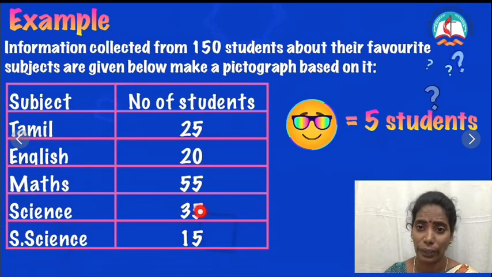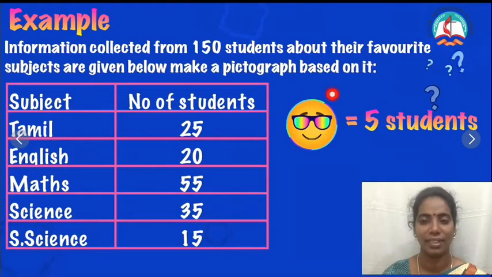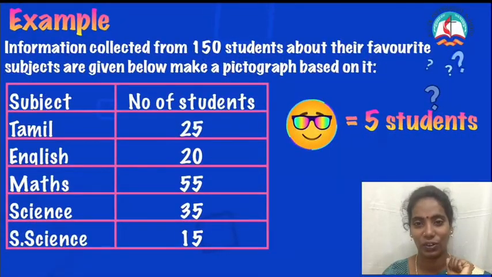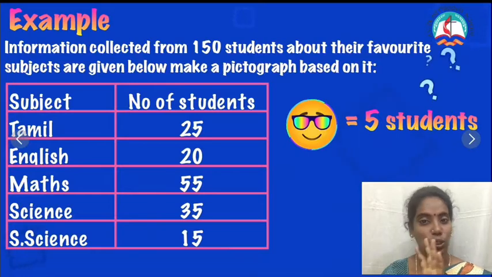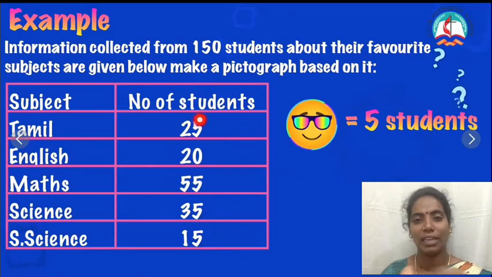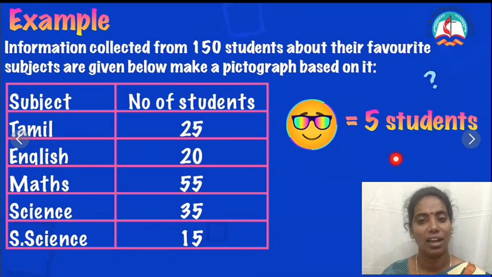Now we are going to represent this in a pictograph. Look here, one smiley represents 5 students. Now, 25 students, how can you write it? Let's see. Children, look here.